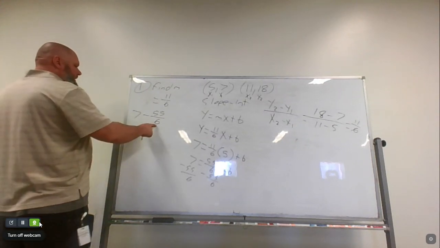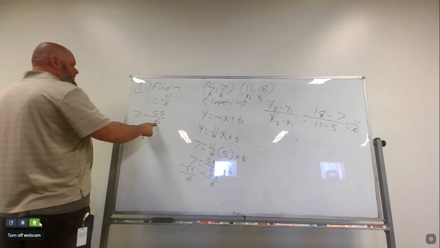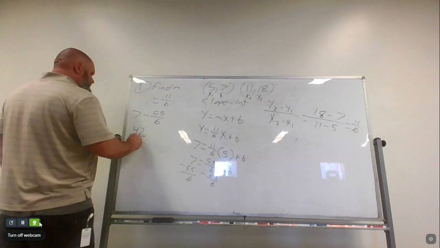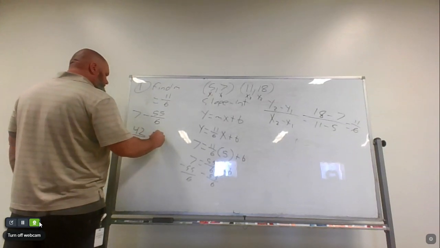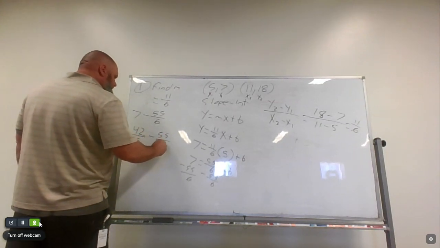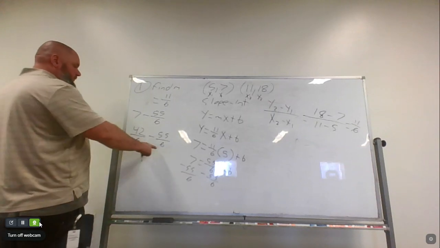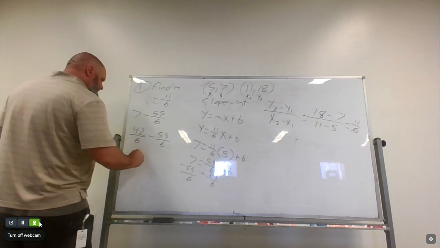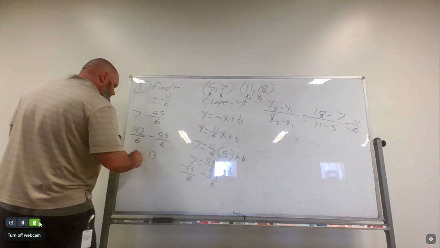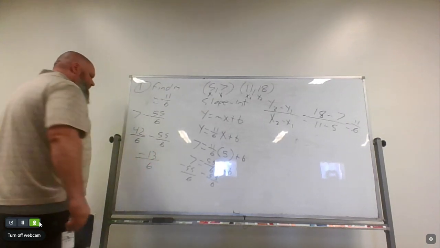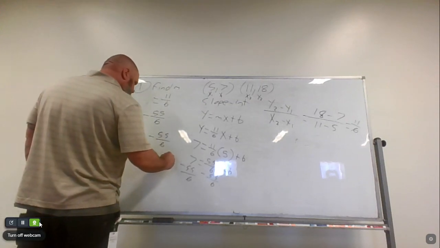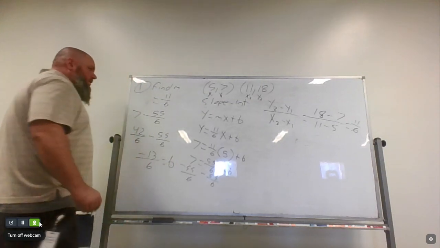I hope so. Common denominator is going to be 6. 6 times 7, 42 over 6 minus 55 over 6. Now you can solve as a common denominator. 42 minus 55 is negative 13 over 6. So now we have a b value. So now our b is negative 13 over 6.